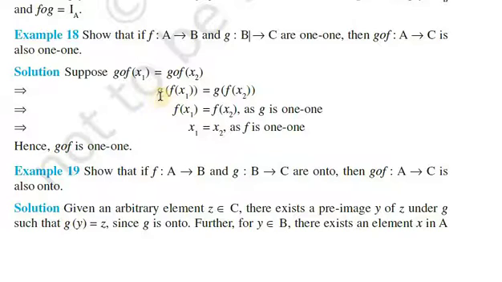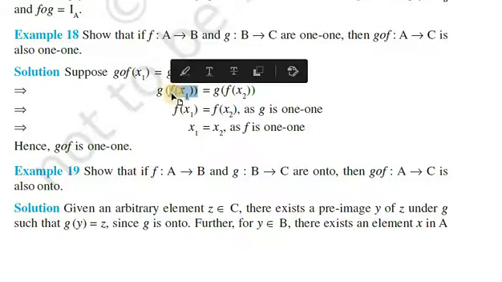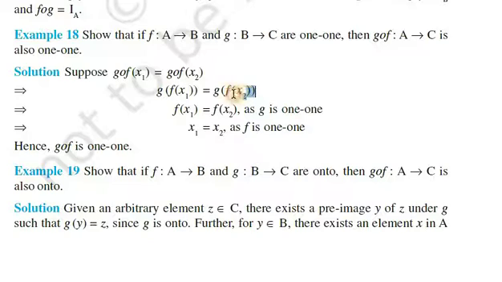From the definition of g of f, g of f(x1) equals g of f(x2). Now g is 1-1, as it is given, so f(x1) will be equal to f(x2). If it is 1-1, then it must be equal.